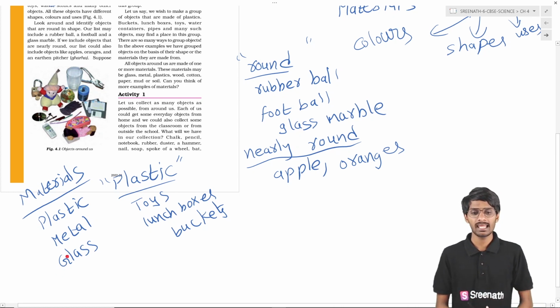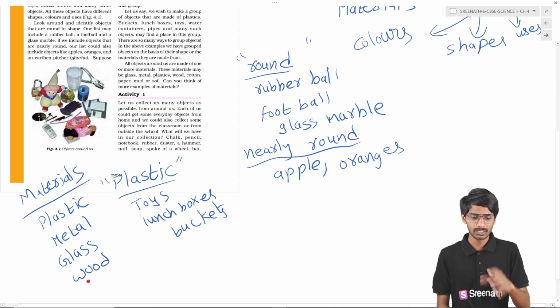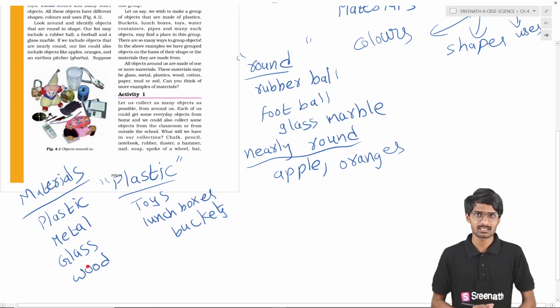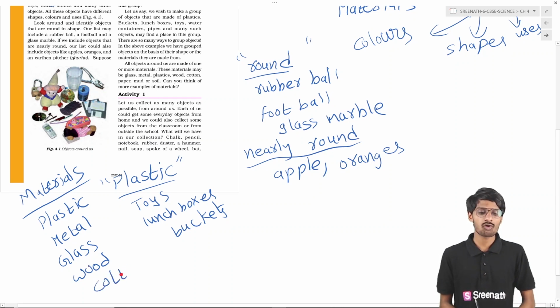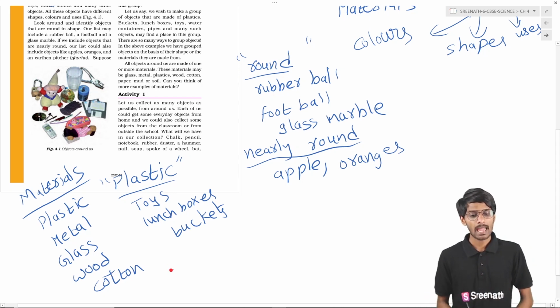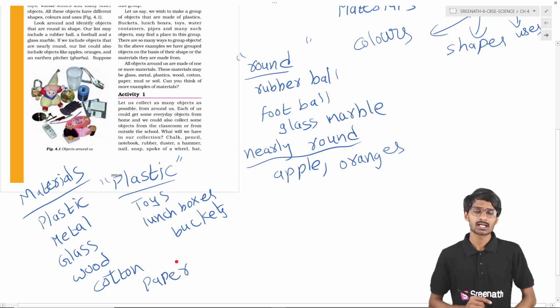And there will be doors, and doors will be made with wood. There will be some wood based objects also. And your pillows will have cotton in them, so cotton based objects are also there. Paper based objects are also there, so your book consists of paper.